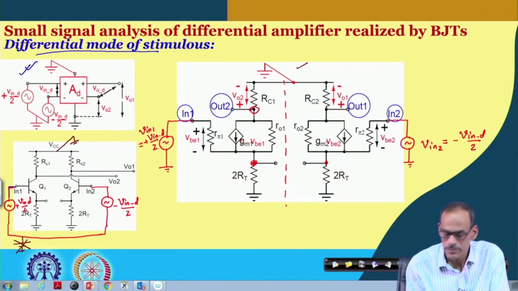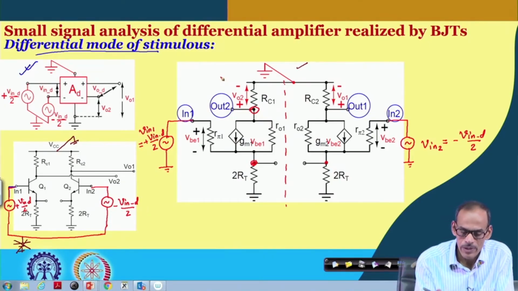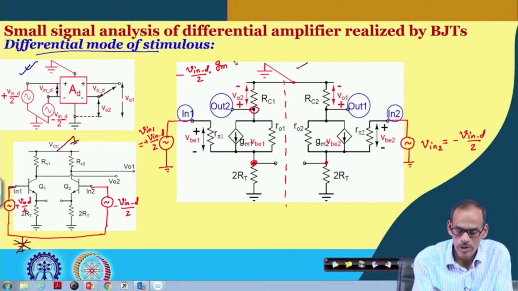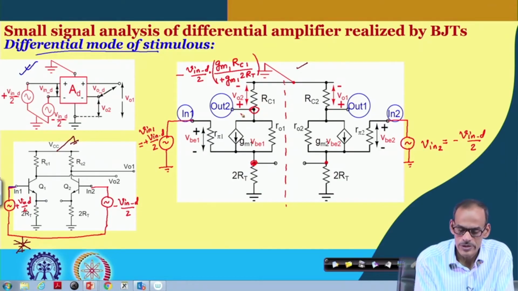So, if you see this circuit, the expected signal coming at this point is minus V in D by 2 into the gain of this circuit, which is GM1 into RC1 divided by 1 plus GM1 into 2RT. So, this is what we are expecting at VO2.